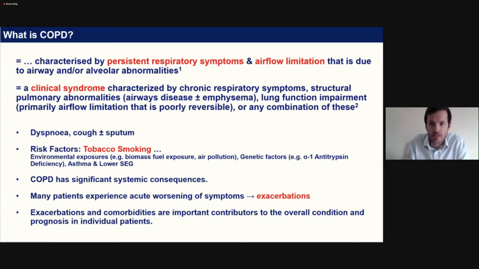Although COPD affects the lungs, it also has significant systemic consequences. Many patients experience acute worsening of symptoms known as acute exacerbations. Exacerbations and comorbidities are important contributors to the overall condition and prognosis in individual patients.